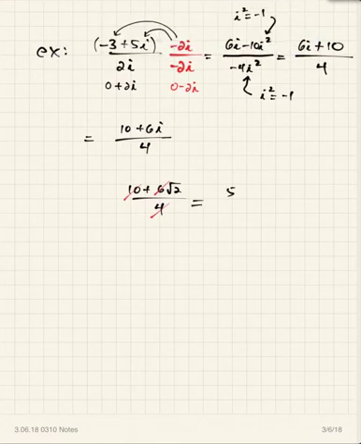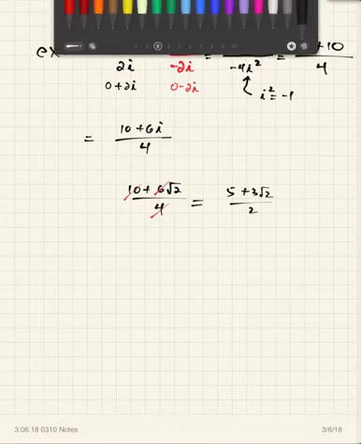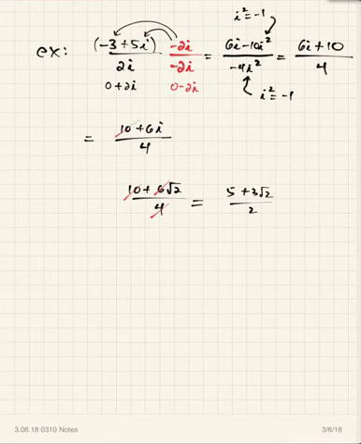So then this would give you 5 plus 3 square root of 2 over 2. This is exactly the same thing with imaginary numbers and complex numbers. So there's a common 2 in all 3 parts, so you can divide that out. And so that leaves you with 5 plus 3i over 2. And WebAssign would write it as 5 halves plus 3 halves i.